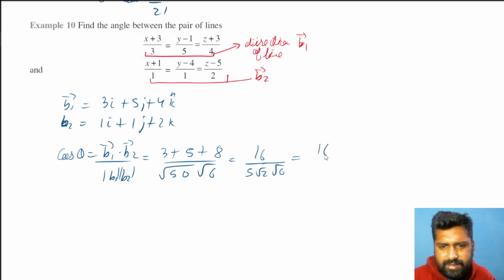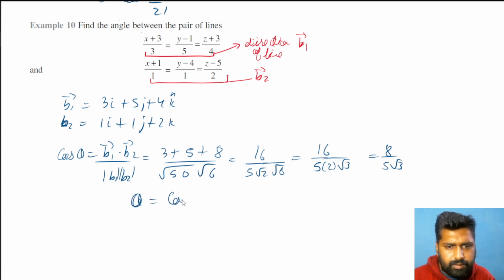Let's further simplify, 16 by 5, this can be written as root 2 into root 3, so 5 into 2 into root 3, so basically 8 by 5 root 3. So theta means cos inverse 8 by 5 root 3.